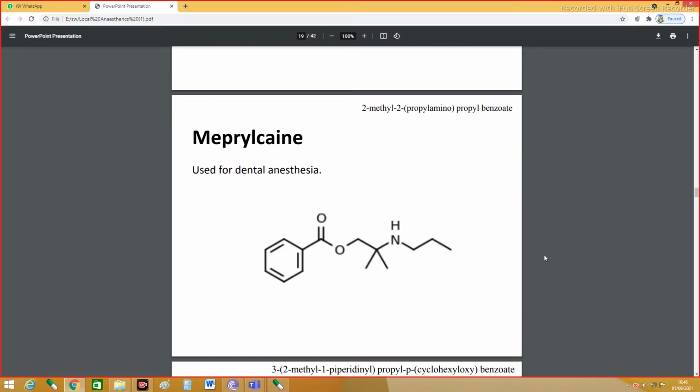Our next drug is meprylcaine. It is used for dental anesthesia, and the IUPAC nomenclature is 2-methyl-2-propylaminopropyl benzoate. Again, this is a type of ester, meprylcaine.